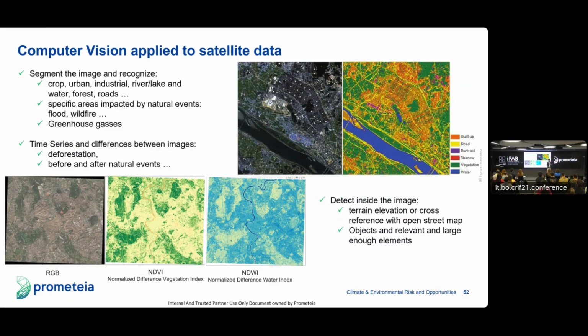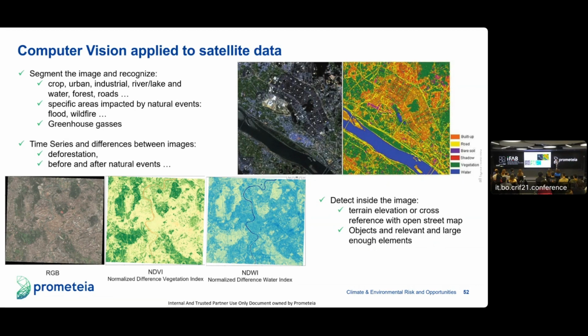Satellite data are very important because they can provide a lot of new features that can be extracted from the satellite images, and you can segment the image and recognize specific areas within it. Also you can identify, for example, evolution over time, looking at satellite data from different time frames.